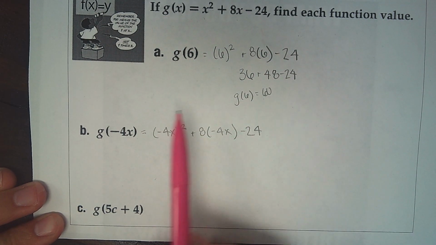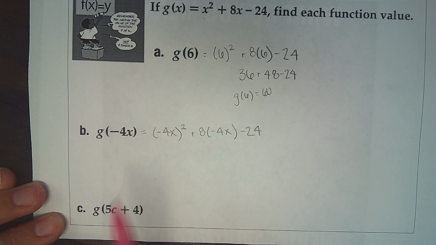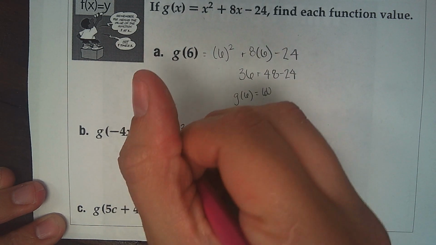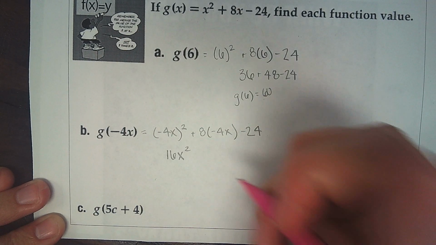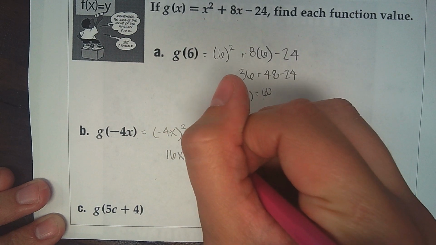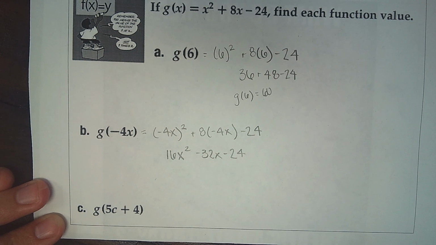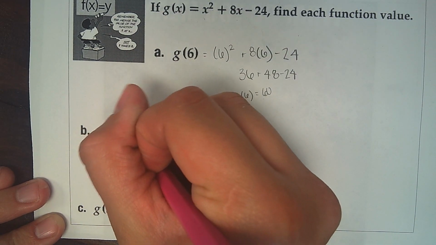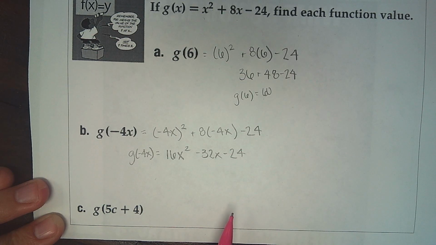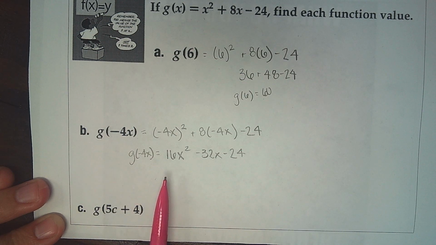To clean this up, we have to make sure that the 2 is going to both the negative 4 and the x. So this is going to become 16x squared. And I have a negative 32x and negative 24. Notice I have no more like terms. There's nothing I can combine, so I'm done. I don't need to factor this or anything. When I plugged negative 4x in, I got that right there, and I'm done.